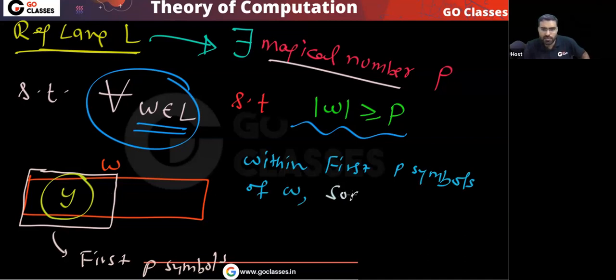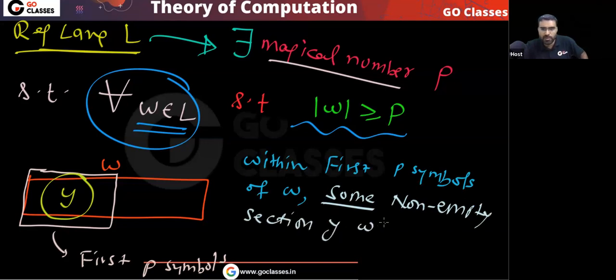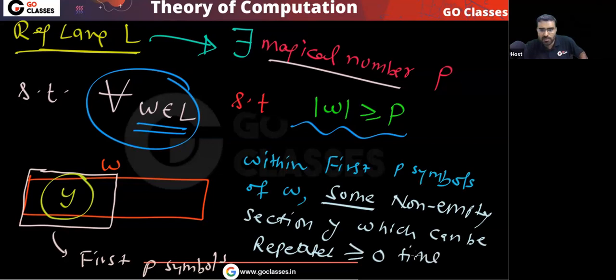there exists some non-empty substring, a non-empty section Y, which can be repeated any number of times, repeated greater than or equal to 0 times.